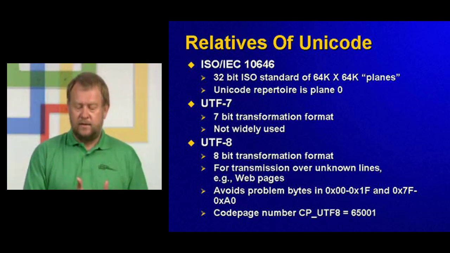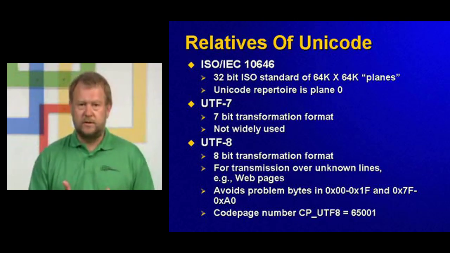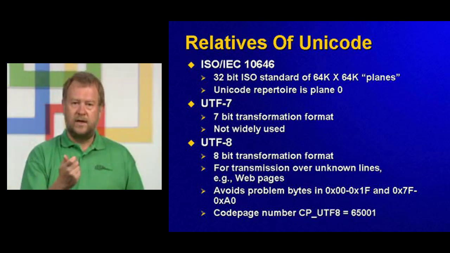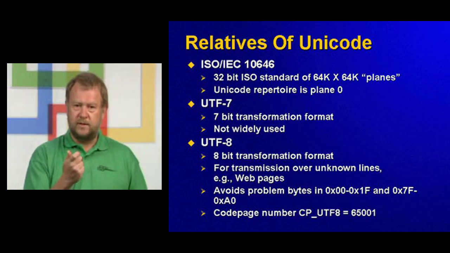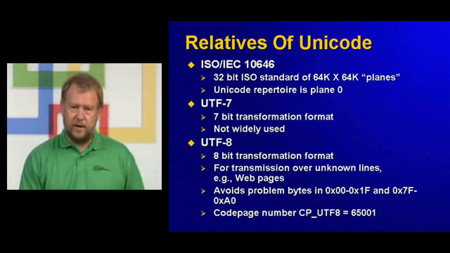Those of you who are familiar with the ANSI 8-bit encodings know that this is a real problem. When you see a byte of text, you don't really know what character that represents unless you know what char set or what code page it's associated with. And in some cases, it can be a real problem.